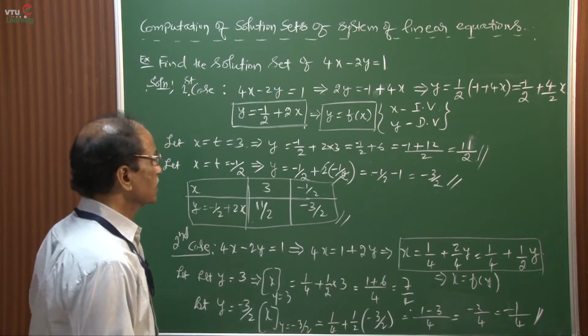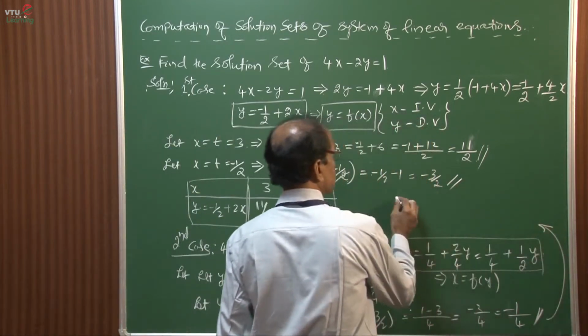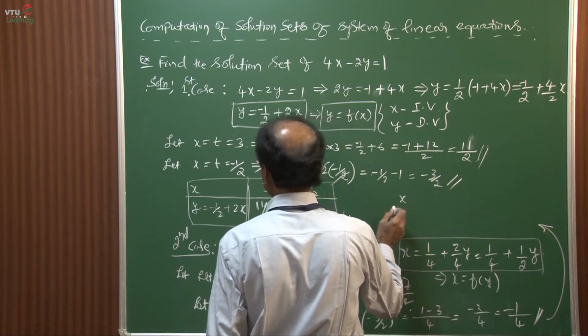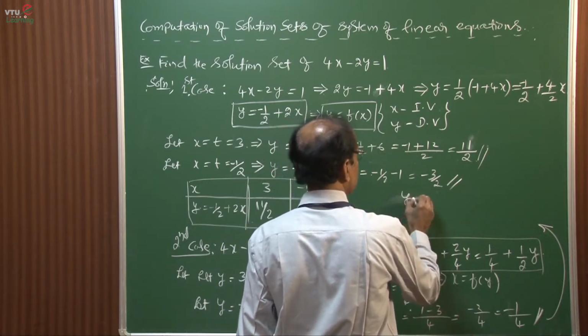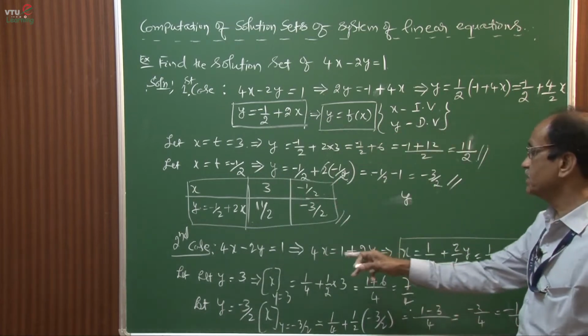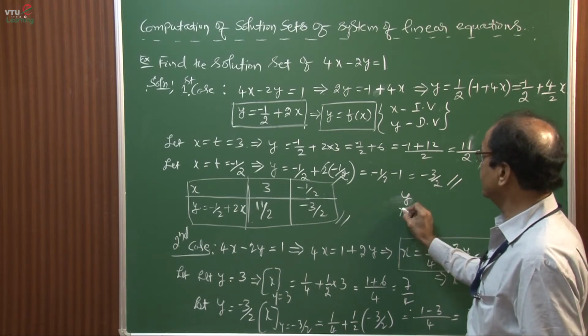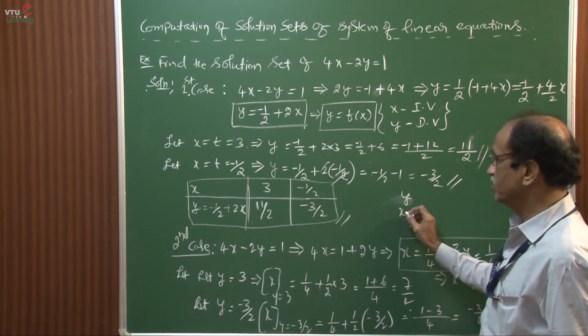Then the solution set for this is x and then y. Here y is the input you are taking, that means x is a function of y, y is the independent variable and x is the dependent variable.